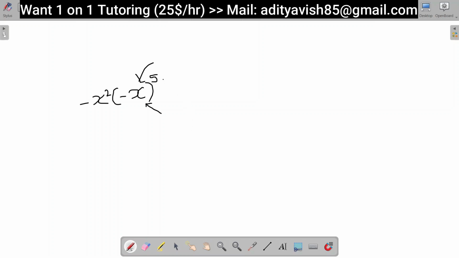So we have 5, and we know that minus sign when multiplied twice, it becomes plus. So if it gets multiplied 5 times, it will become negative again.